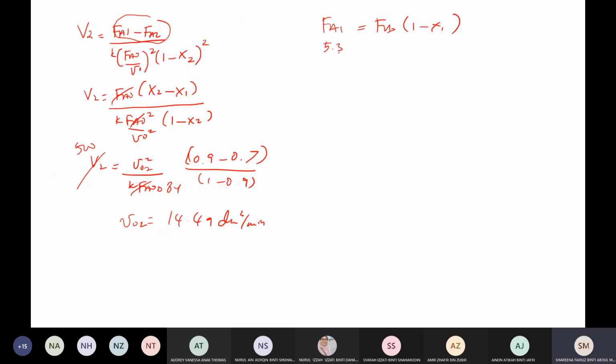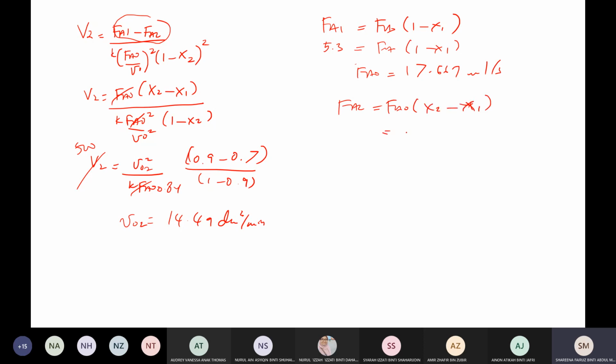So this is equal to FA0 1 minus X1. So the new FA0 is 17.667 mole per second. Okay, so FA2 can be calculated: FA2 is equal to FA0 X2 minus X1.